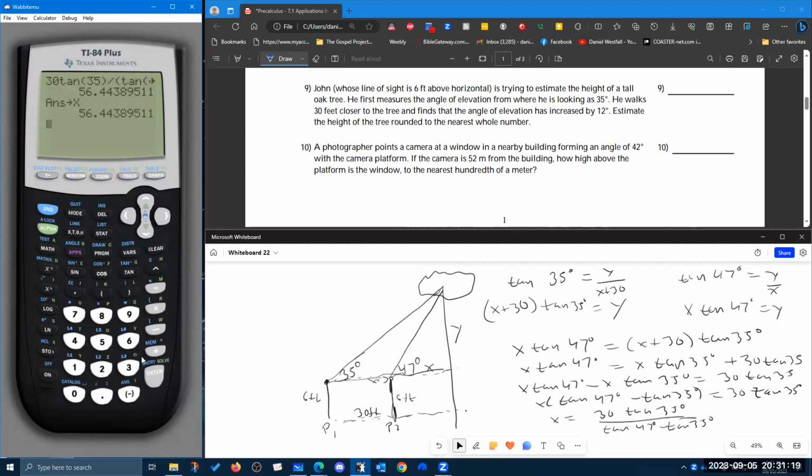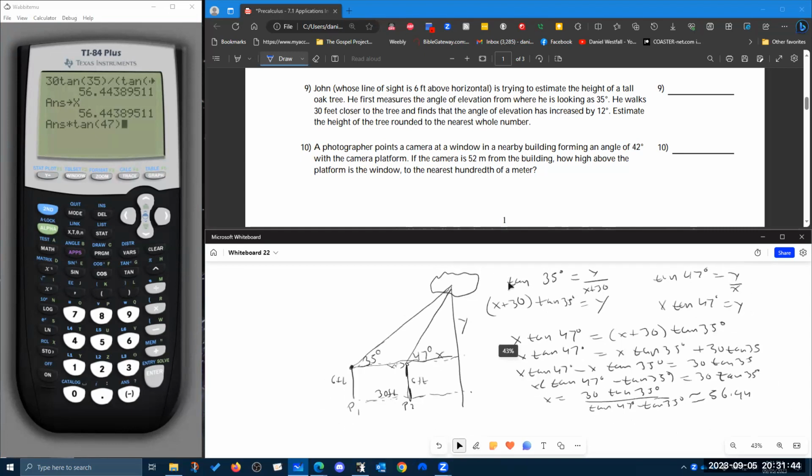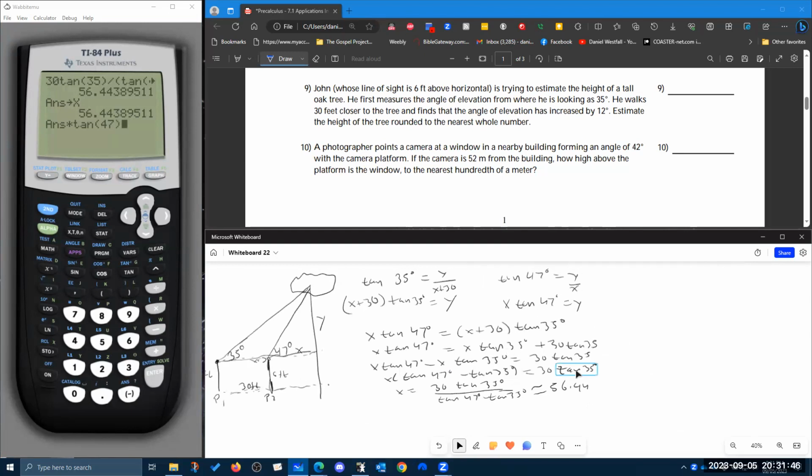And now I'm going to say that x, this number, times tan of 47. This number is about 56.44, but I'm going to use all the digits that are available to me from the calculator. So I'm going to write out all of them. I'm just going to say is equal to, even though it's not exactly equal to, it's close enough to this, 389511.